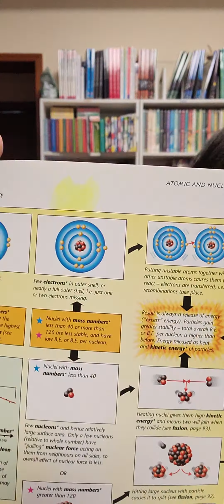The beta particle is basically another particle by itself. They're electrons or positrons. Positrons are just the positive versions of electrons. They can't be absorbed by a thick piece of paper, but they can be absorbed by a thin piece of metal, like copper, for example.